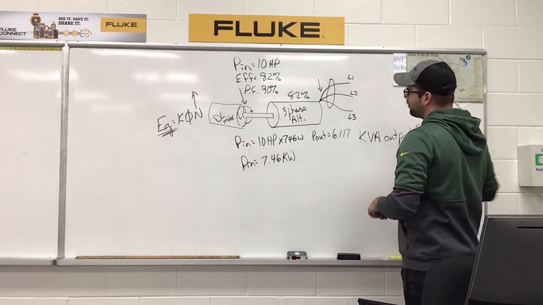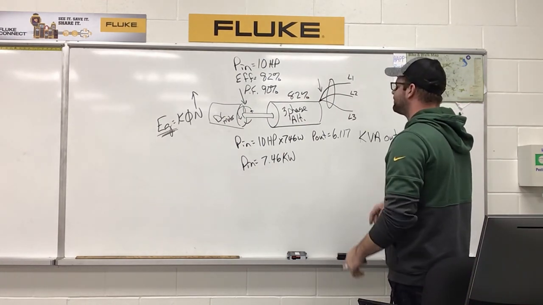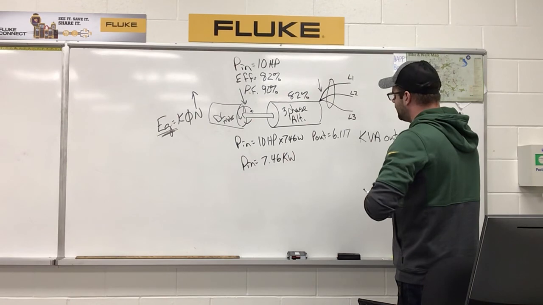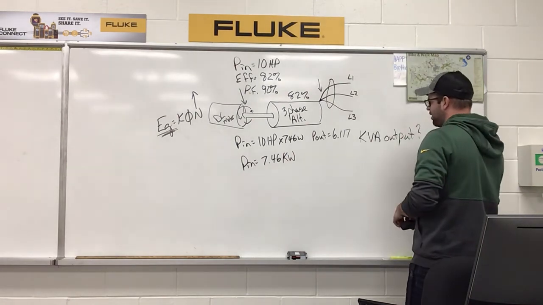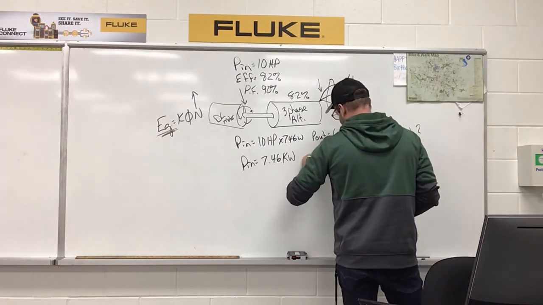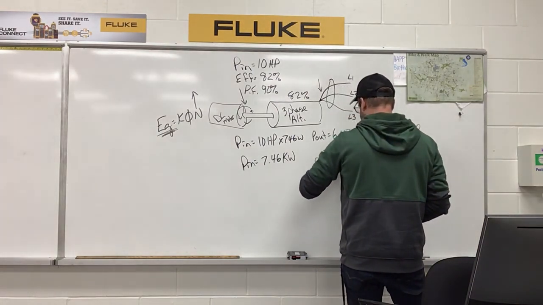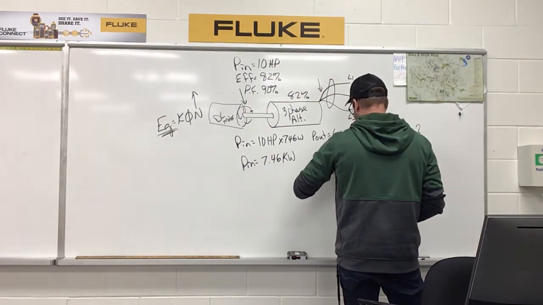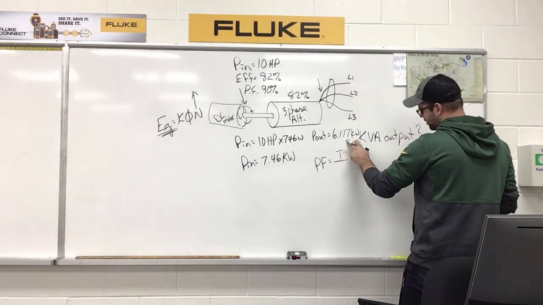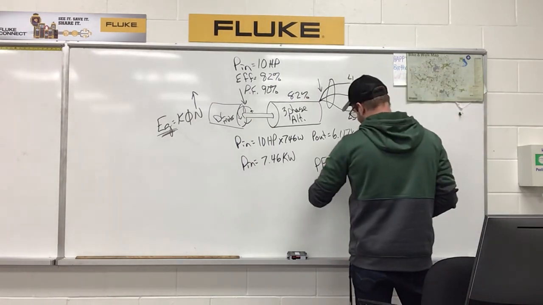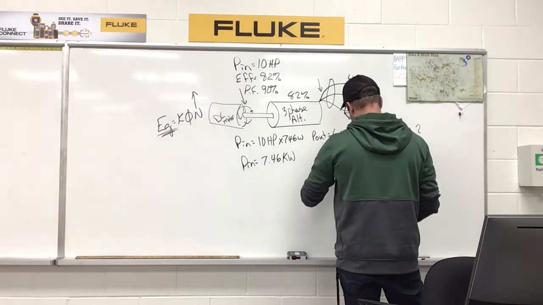And now what we want is to figure out what our kVA is from our power factor. So power factor is equal to true power over, and that's a kilowatt value, 6.117 kilowatts, divided by our apparent power.